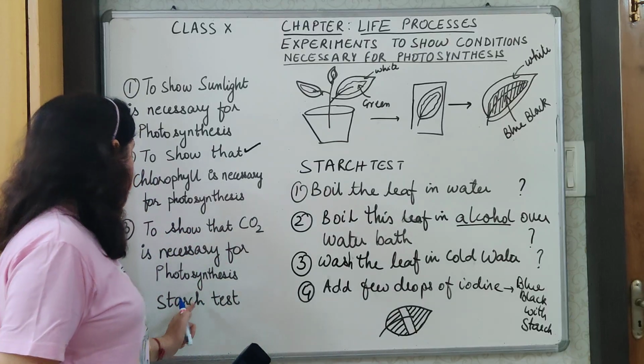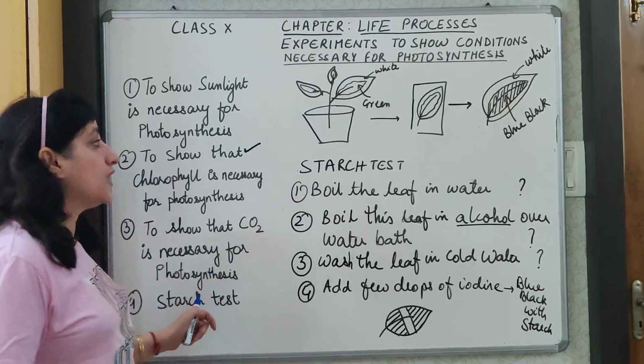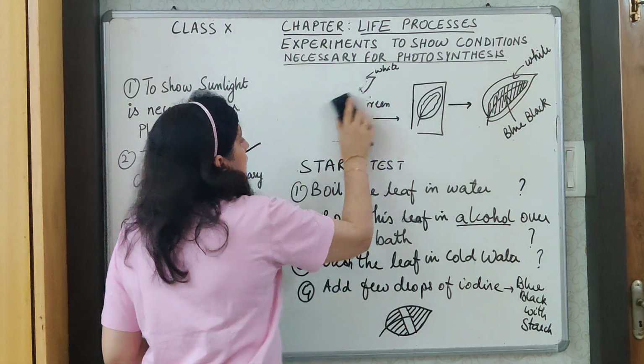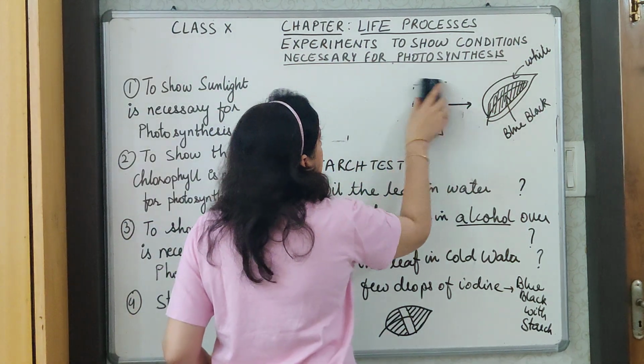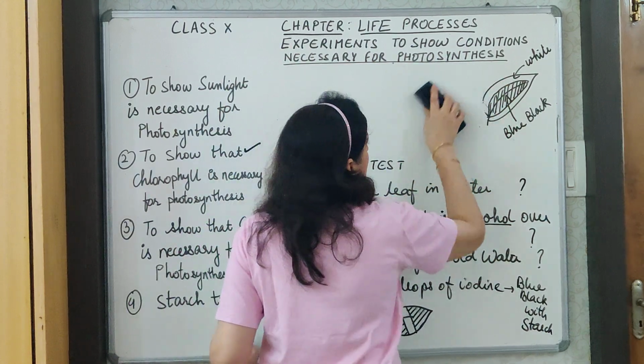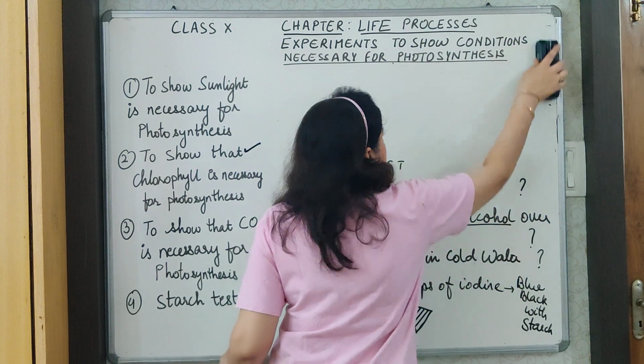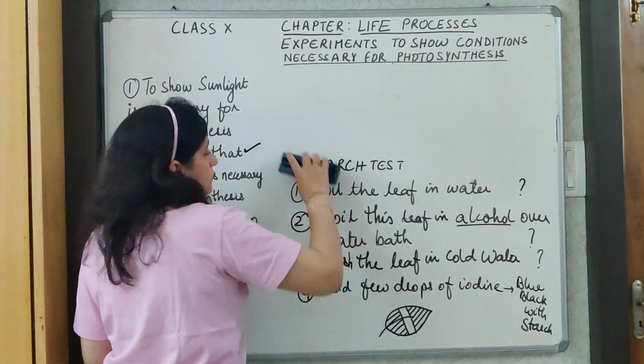And now the last experiment, to show that carbon dioxide is necessary for photosynthesis. Again, my first step will be to keep the plant in a dark room for 2 to 3 days to de-starch the plant.